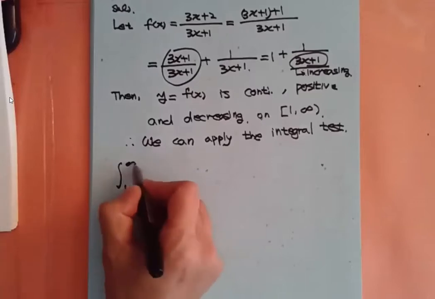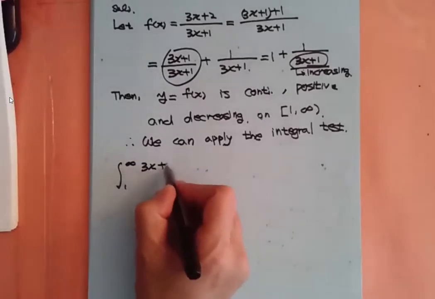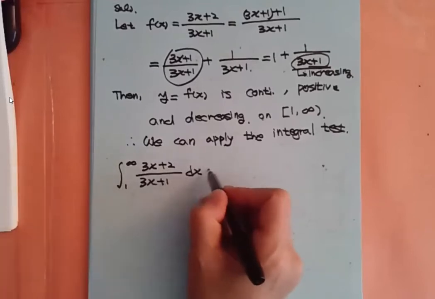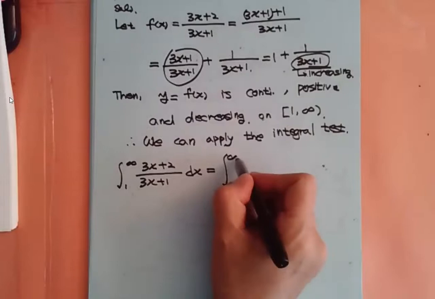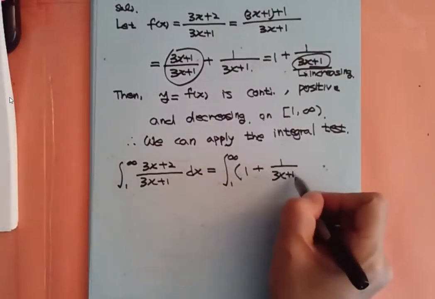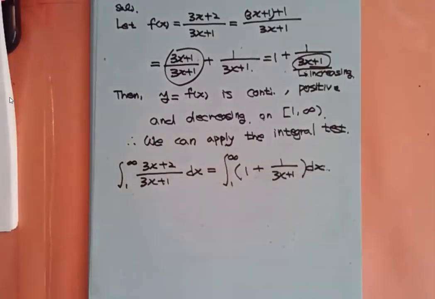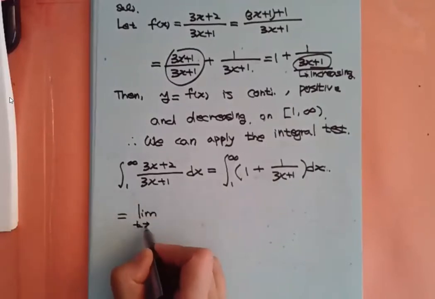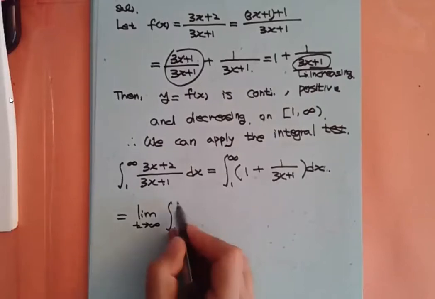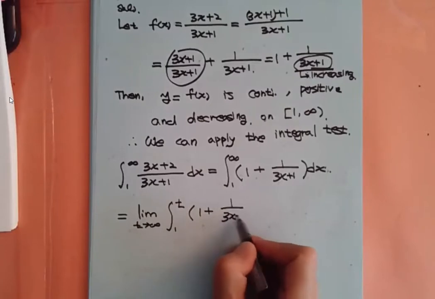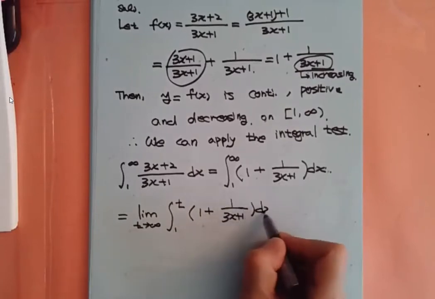So the integral from 1 to infinity of 3x plus 2 over 3x plus 1 dx can be written as the integral from 1 to infinity of 1 plus 1 over 3x plus 1 dx. That can be written as the limit as t goes to infinity of the integral from 1 to t of 1 plus 1 over 3x plus 1 dx.